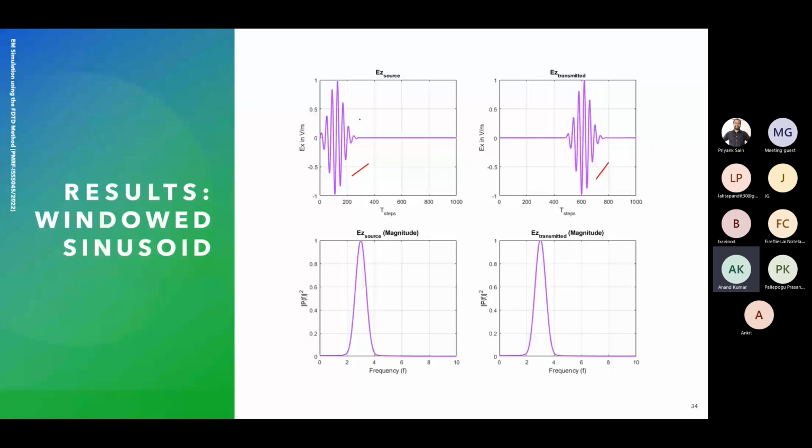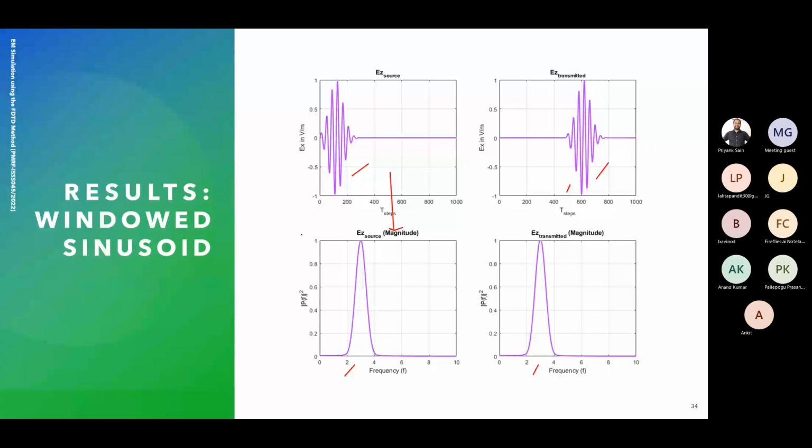If you give a windowed sinusoid source of 1 GHz, it propagates, and again after 500 time steps, you see it near the k minus 5 node, and performing an FFT, you get both of them at 1 GHz. So we have successfully used the time domain data to get the frequency domain data. That was all for getting the frequency domain data from the time domain data. Any questions on that?